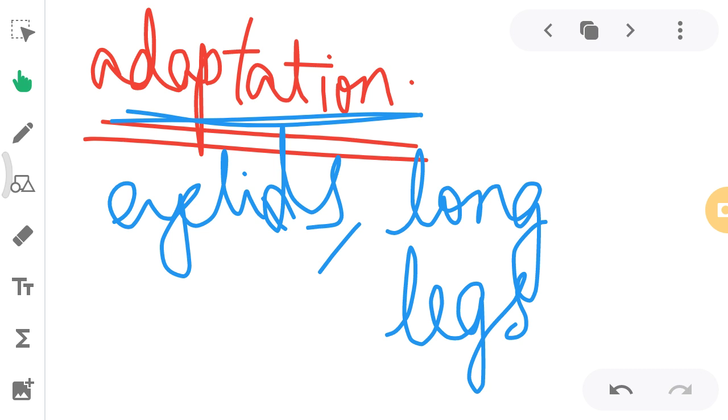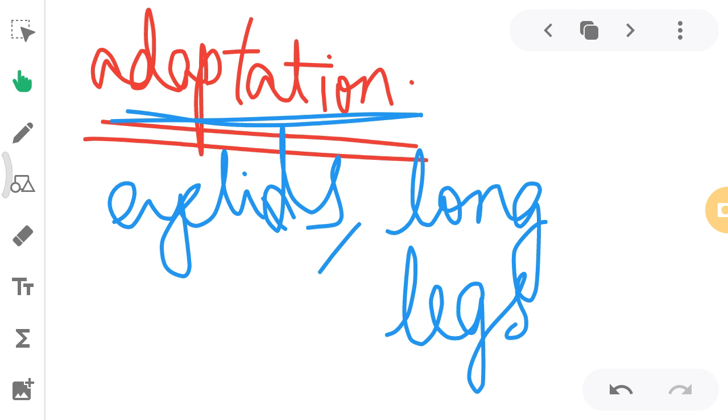So maybe the animals which live somewhere in coastal regions may not have long legs, may not have long eyelids because their condition is different, their surroundings are different.